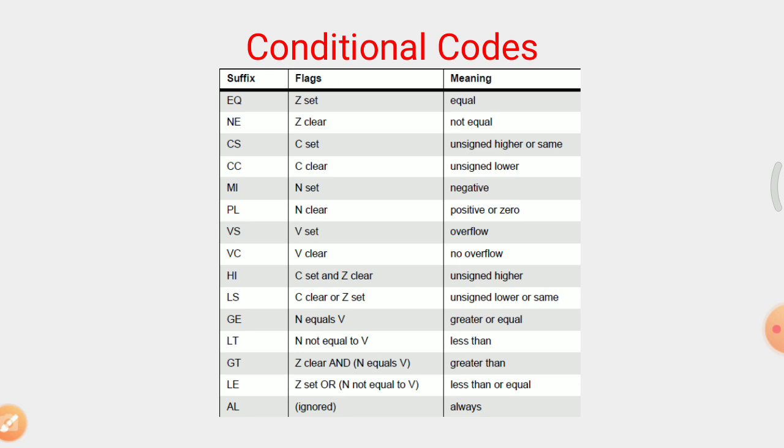If Z is not equal to 1, the instruction is not going to be executed. It will be skipped and the next instruction is going to be executed.